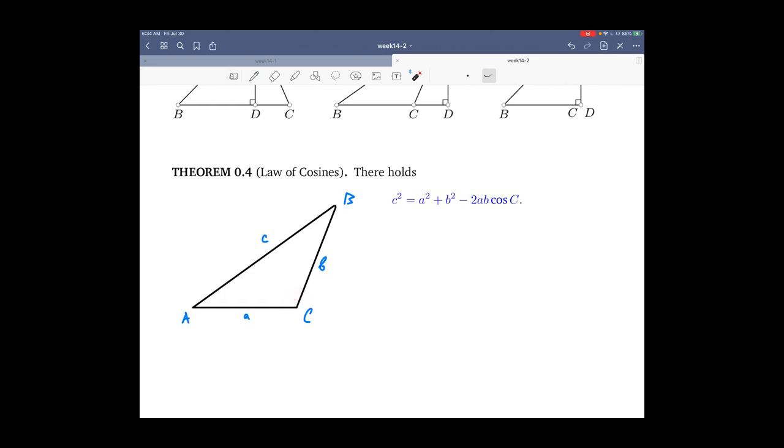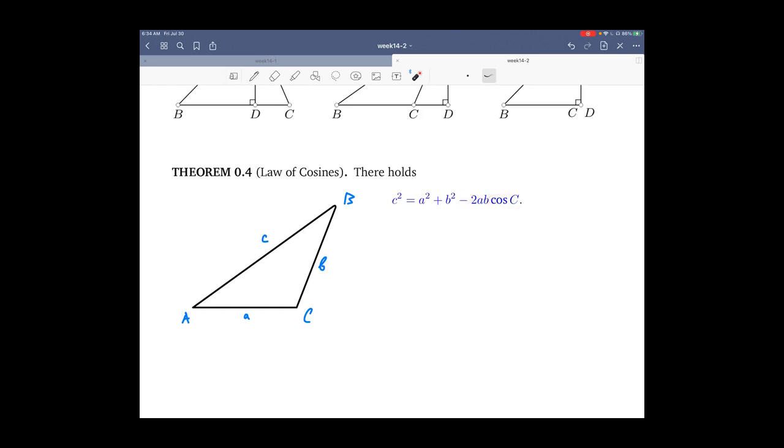Note, by the way, that in my picture, angle C is obtuse, so cosine C will be negative, with another negative sign in front of it. Negative cosine C will be positive.